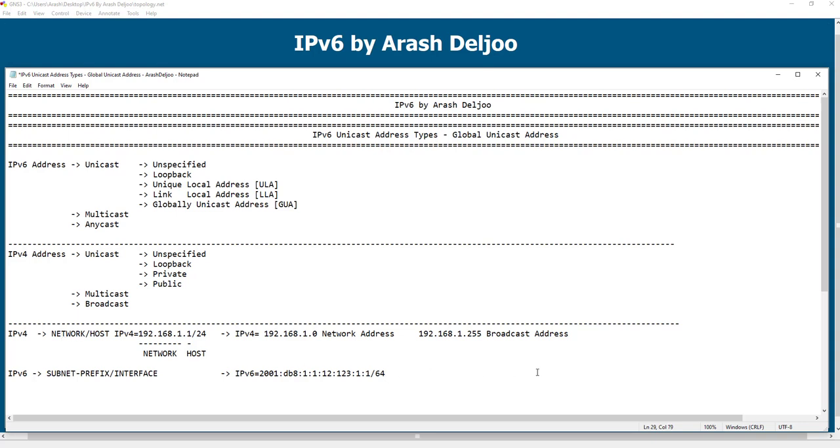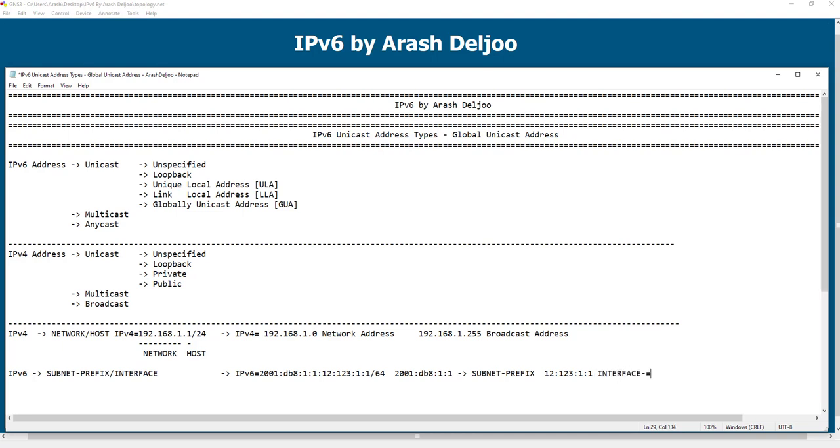For example, in this IP address, 2001:DB8:11:12 is our subnet prefix, the same as the network ID, and 123:1:1 is our interface ID.